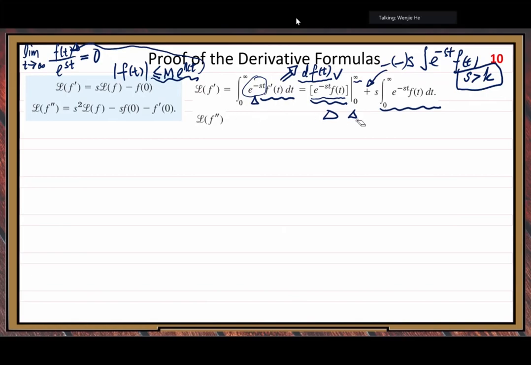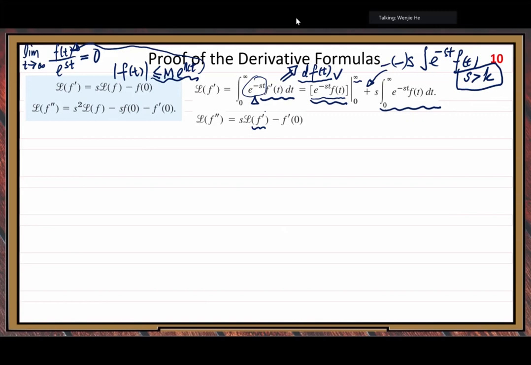The first time we apply the first formula, we treat f prime as the original function. Then f double prime is just the derivative of f prime, so we can apply that formula: s times the Laplace transform of f prime minus f prime of 0.